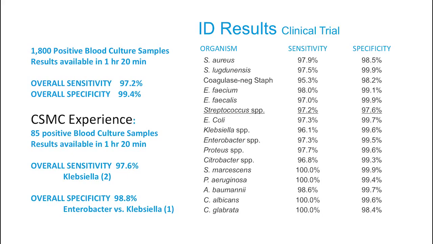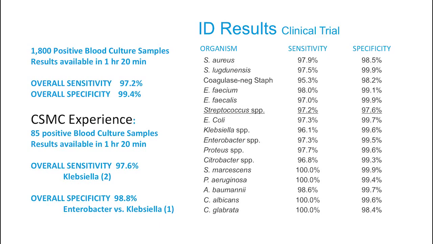There were 1,800 positive blood cultures originally studied. The results for identification were available in 1 hour and 20 minutes. You can see all of the organisms identified on this panel and each of the sensitivities and specificities. Overall, in the clinical trial, the sensitivity was around 97.2% and the specificity 99.4%.